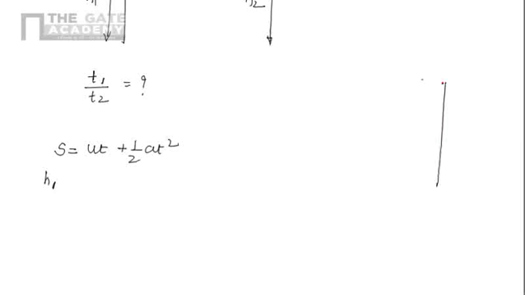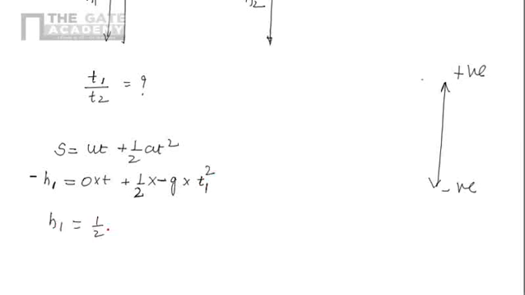According to our sign convention, vertically upward is positive and vertically downward is negative, so h1 is vertically downward, so negative. Initial velocity is 0 plus 1 by 2. It's a motion under gravity, so acceleration will be g, acting downward, so negative. For m1, the time taken will be t1. So we get h1 equals to 1 by 2 g t1 square.